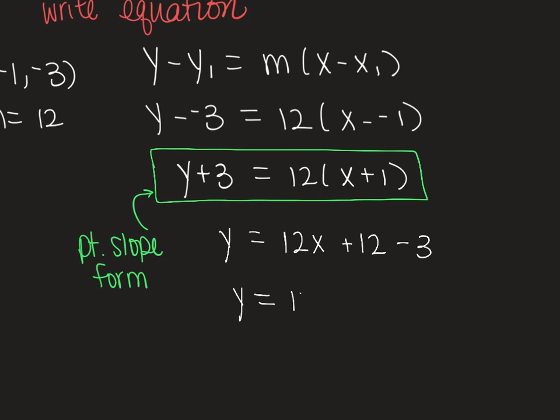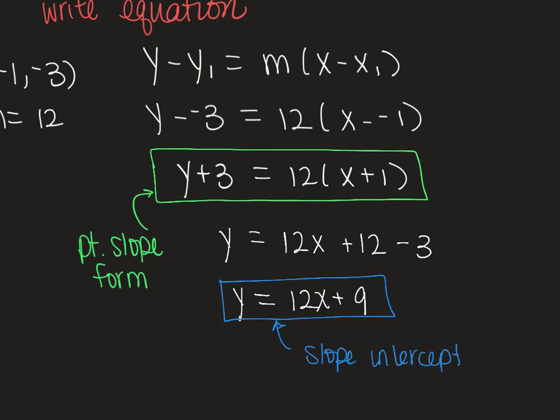So we would get 12x plus 9. This would be in slope intercept form. It all depends on what they're asking you, how they want you to type in your answer. But just know that you can get to slope intercept right from point slope form.